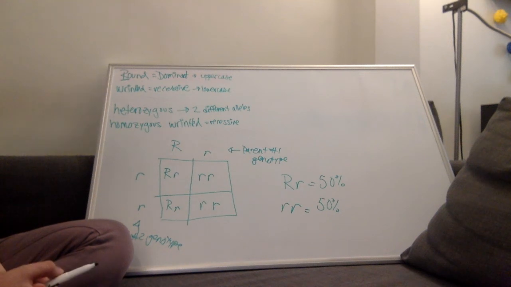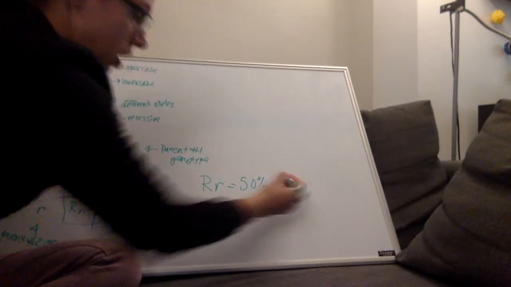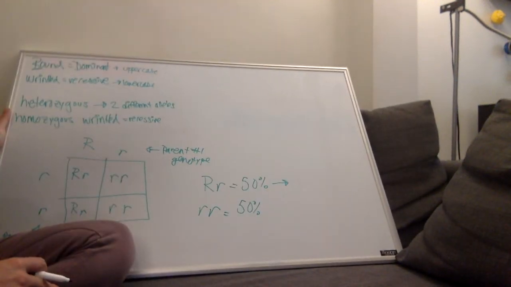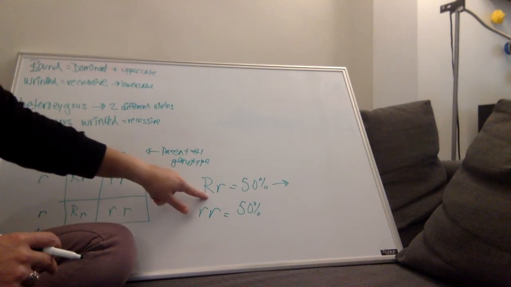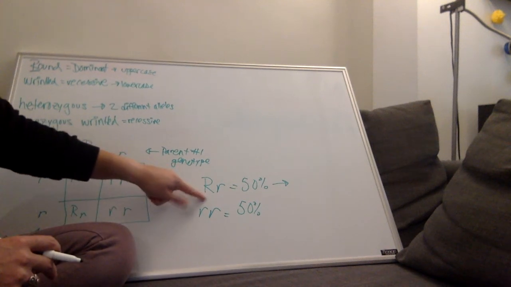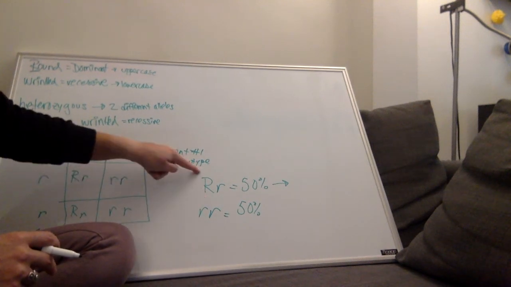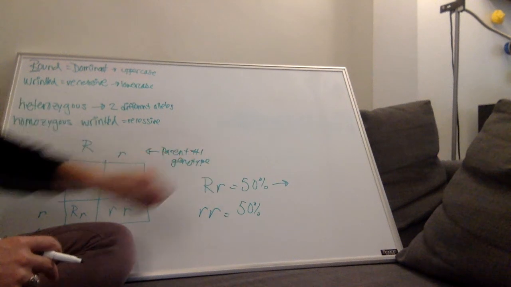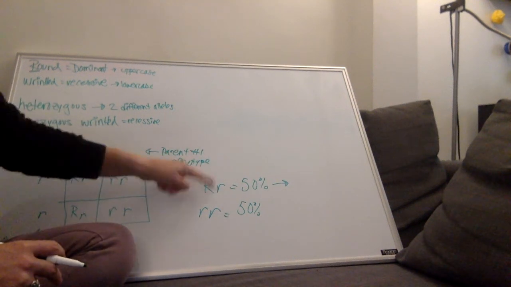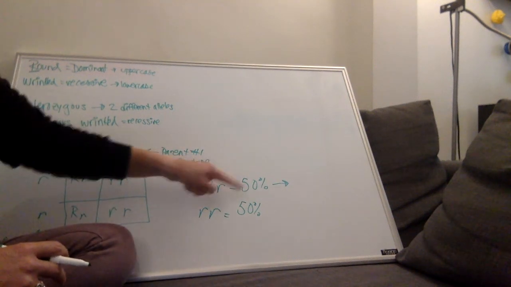Phenotype means physical appearance. So these, uppercase R, lowercase r, have a dominant trait, so this one is the one that's expressed. They have 1 round and 1 wrinkled allele. Because round is dominant, they're going to look round.